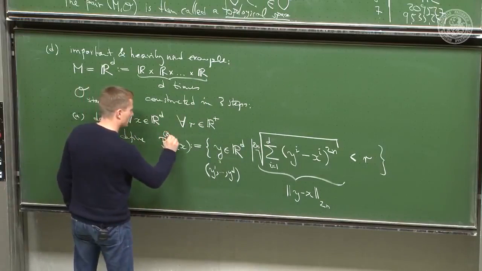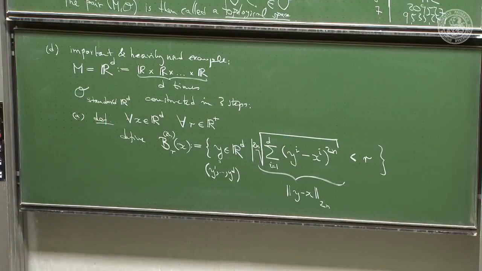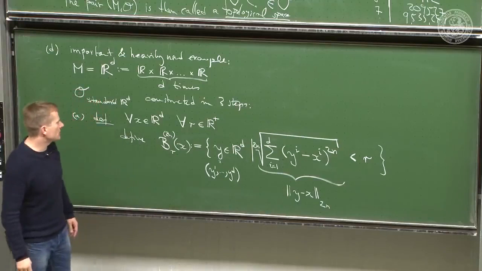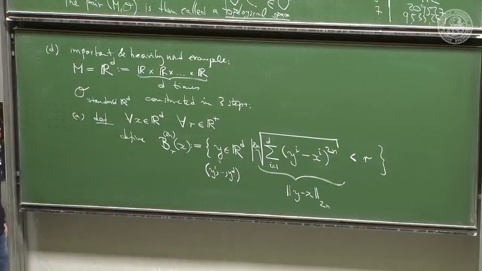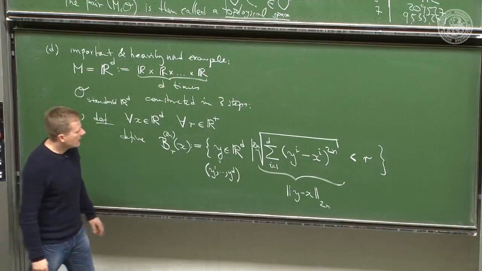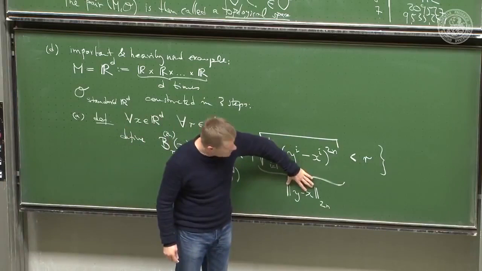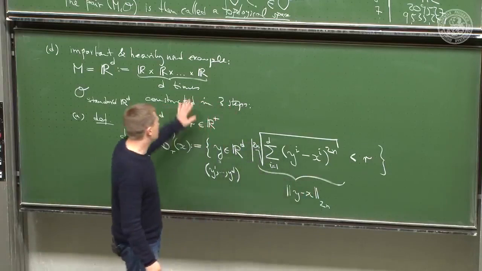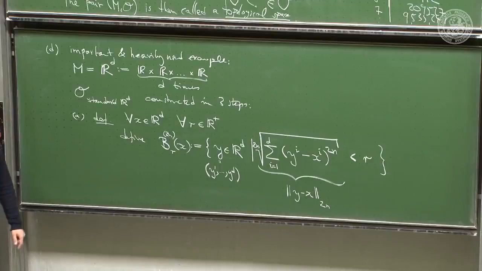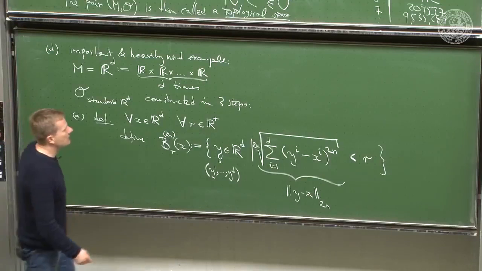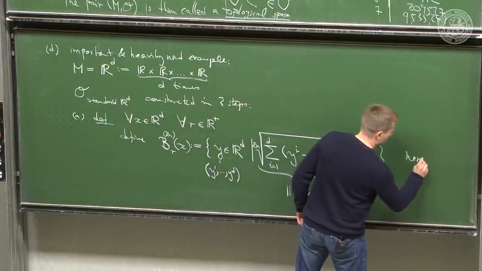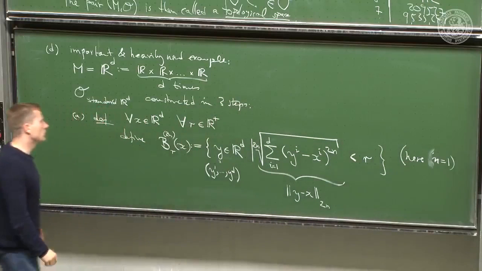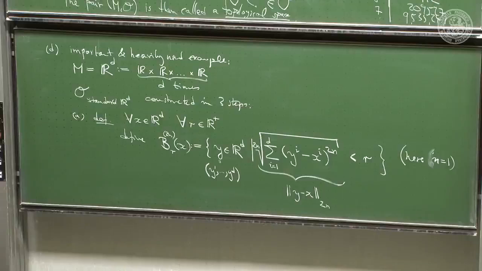You can make your pick of n, and it will turn out, for the definition of the standard topology, it won't make a difference. And even if you take norms that cannot be constructed in this way, funny norms, for any norm it won't make a difference what the resulting topology is. That's a famous theorem. But anyway, let's not be too general. Here we take n to be 1. So we stay with the 2-norm, with the squared distance, and then the square root.